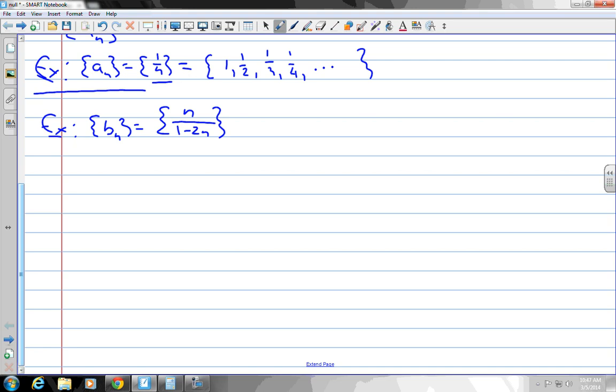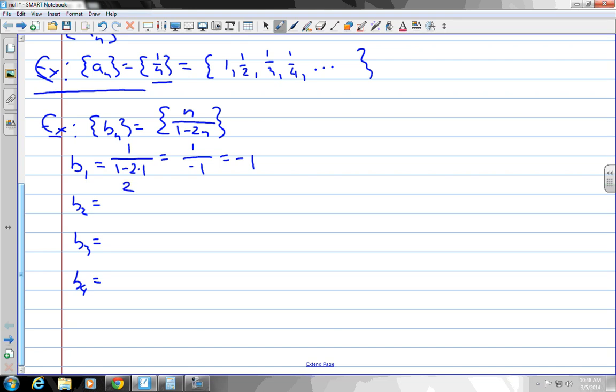So let's play with this sequence. Can we figure out a few elements? B1, B2, B3, B4. For the first one, n equals 1, so we plug in 1, so it's 1 over 1 minus 2 times 1. So it's 1 over negative 1, so that's negative 1.